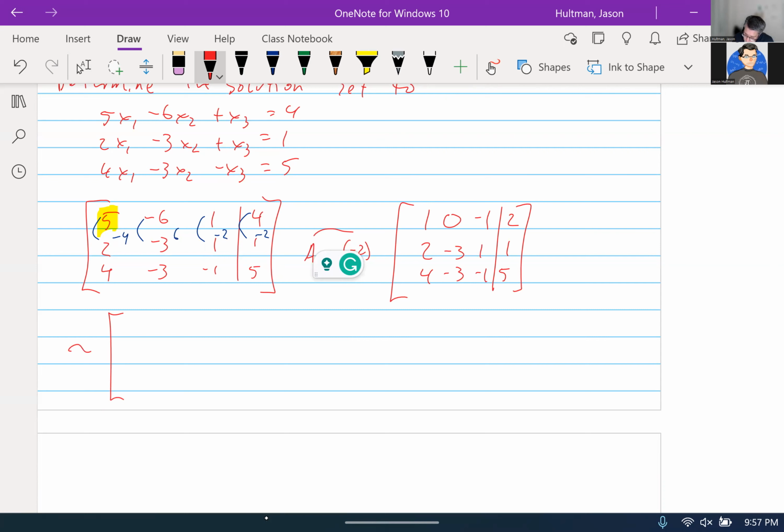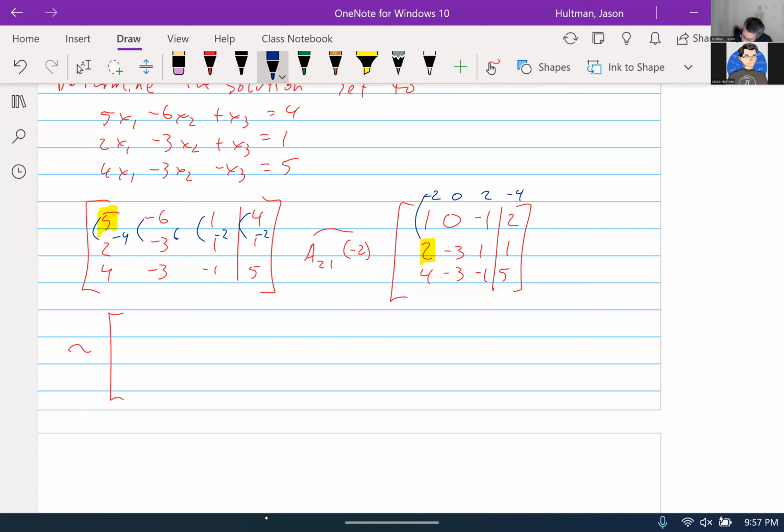Okay, the next thing that I want to do is I'd like to get a 0 where that 2 is. Let's multiply our row 1 by negative 2, add that to row 2, and that should knock out that 2 and get me a 0. So let's do negative 2, 0, 2, and then negative 2 times 2 is negative 4.